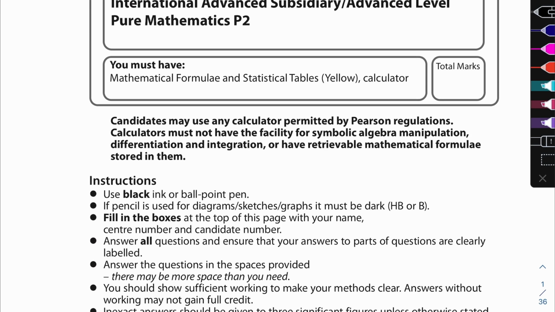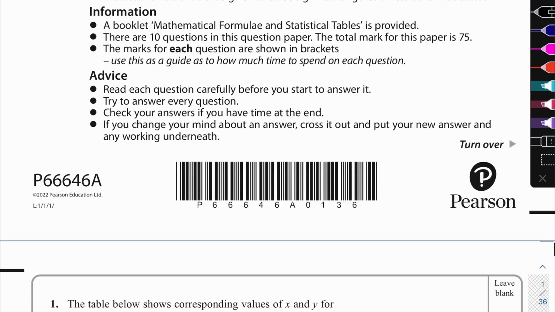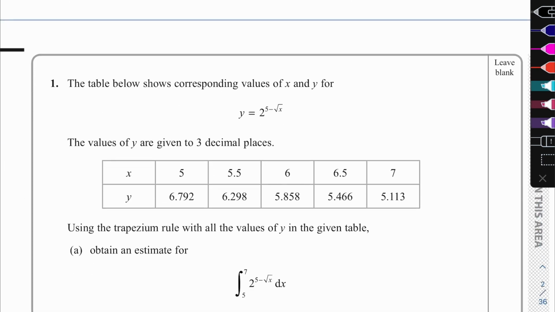So let's start. We have question number 1. The table shows corresponding values of x and y for y equals 2 to the power of 5 minus root x. The values of y are given to 3 decimal places.